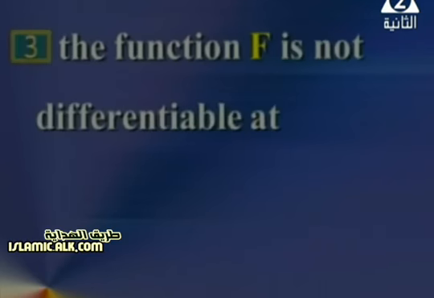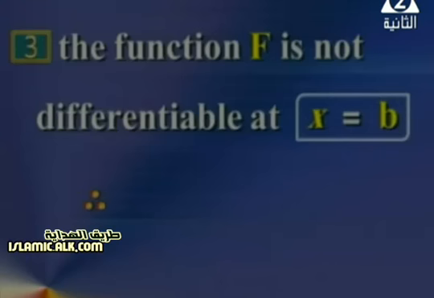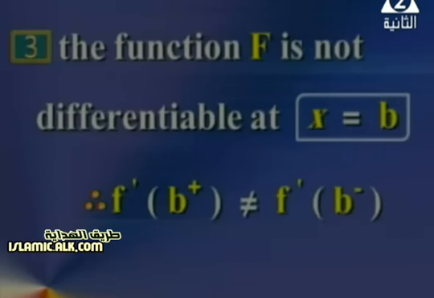Number three, the function is not differentiable at x equals b. What do you deduce? Excellent, student. f dash b positive not equal f dash b negative. Remember, dear student, when the function is not differentiable at x equals b, we deduce that f dash b positive is not equal to f dash b negative.